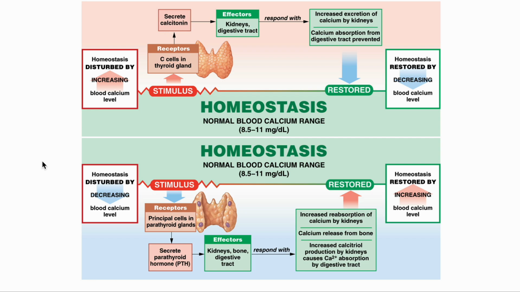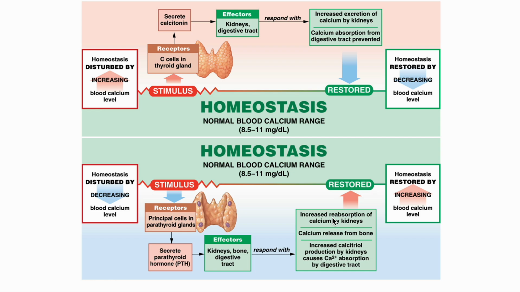On the other hand, if homeostasis is disrupted because our blood calcium levels are getting too low, then that will cause principal cells in the parathyroid gland to secrete PTH. And if PTH is secreted, it will affect cells in the kidneys, the bone, and the digestive tract, but rather differently than calcitonin did, because PTH is going to cause the kidneys to hold on to calcium.